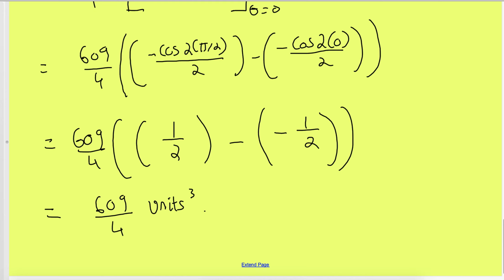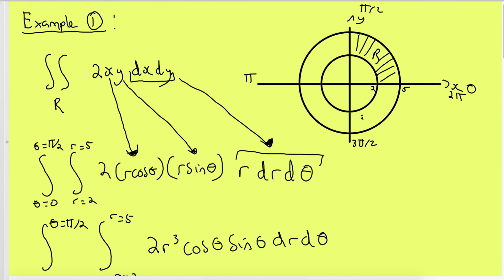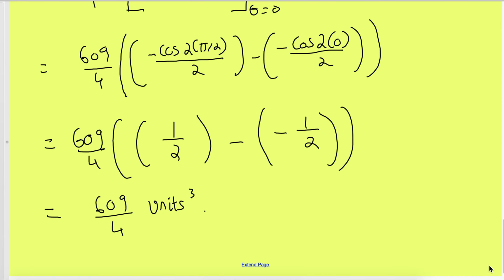So I've been able to work out that the volume between the function z equals 2xy and this disk here is 609.4 units cubed.